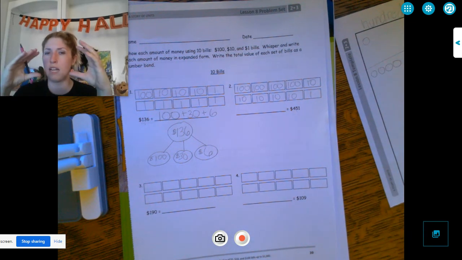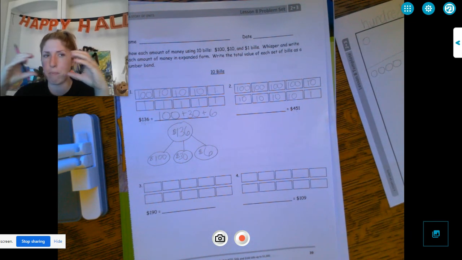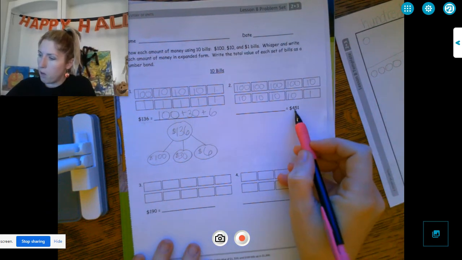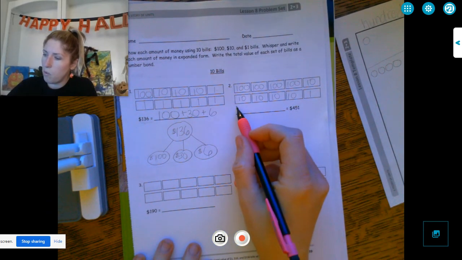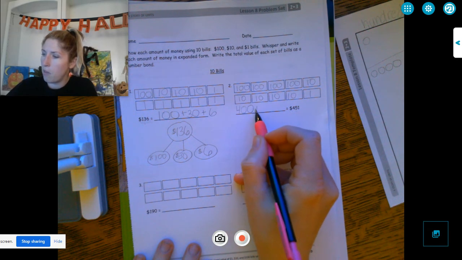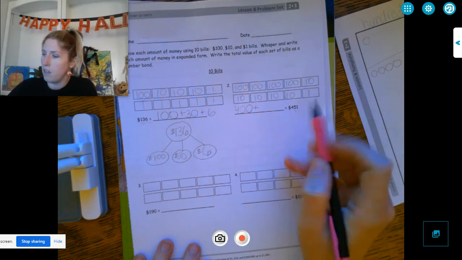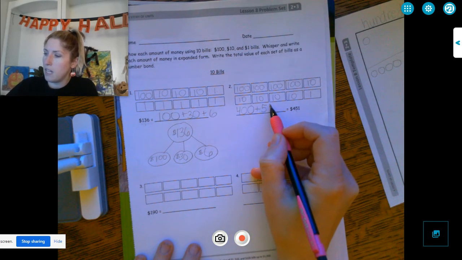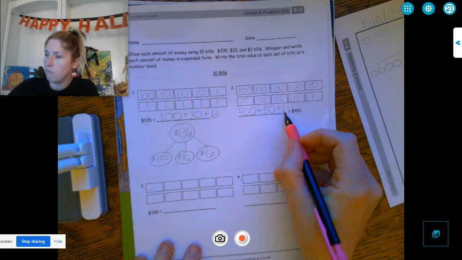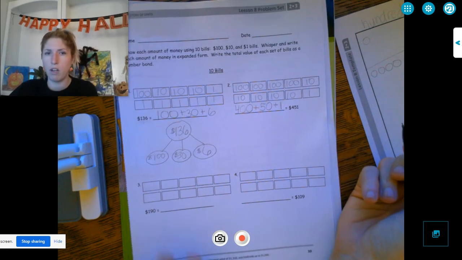So if we were using our hide 0 cards for 451 and we pulled those 3 pieces apart, what would those parts be? So 451, how many hundreds do we have? 400 plus how many tens do we have? 5 tens, which is 50, plus 1 equals $451.